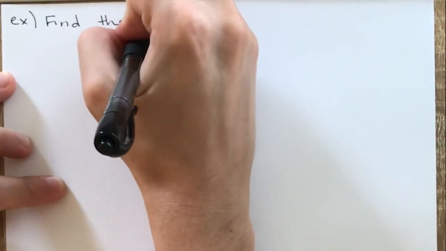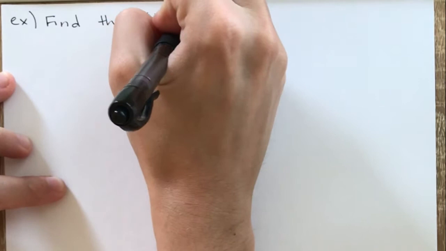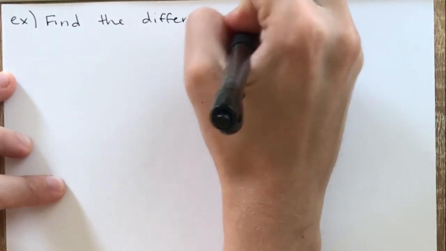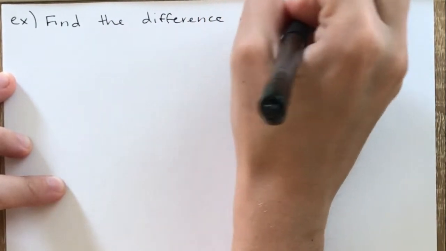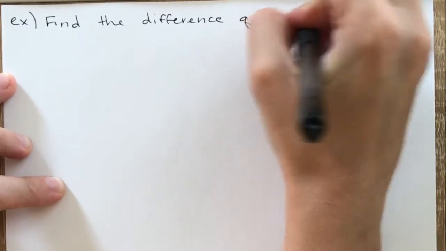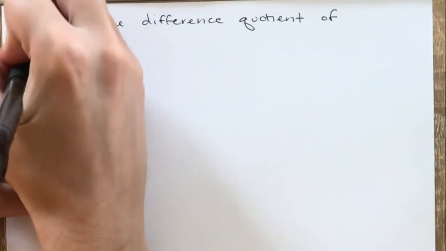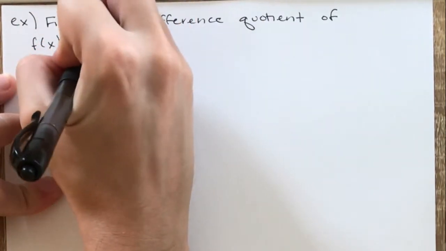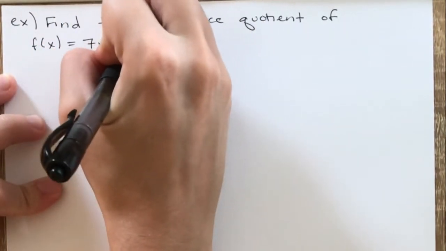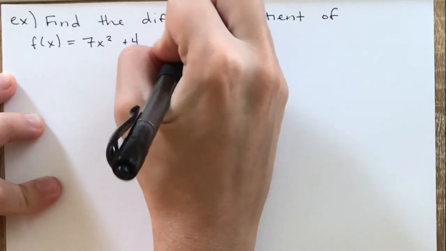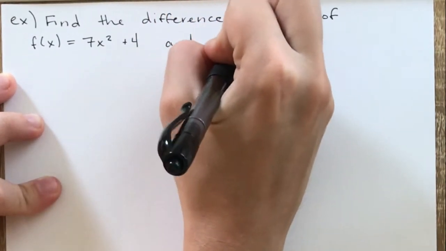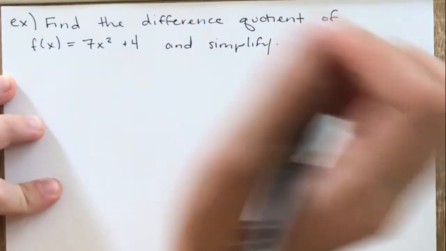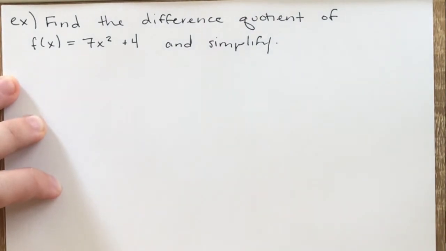So find the difference quotient of f of x equals 7x squared plus 4, and simplify. All right, so we want to take it step by step.